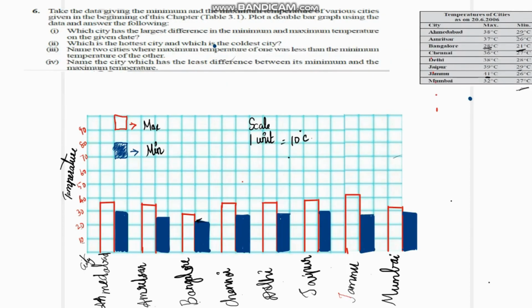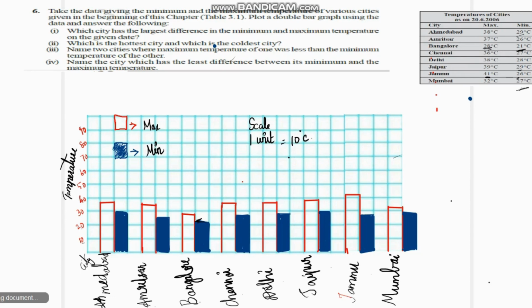By seeing this graph, for Jammu the highest is 41 degrees and the lowest is 21 degrees. We need to find the least difference. For Ahmedabad, it is 38 degrees and 29 degrees. For Mumbai, it is 32 and 27 degrees.